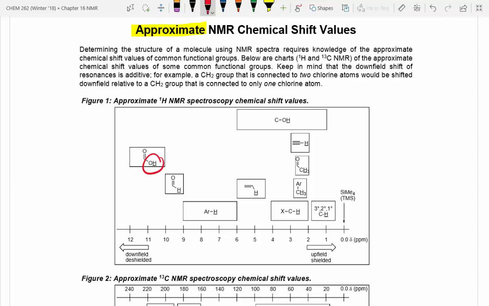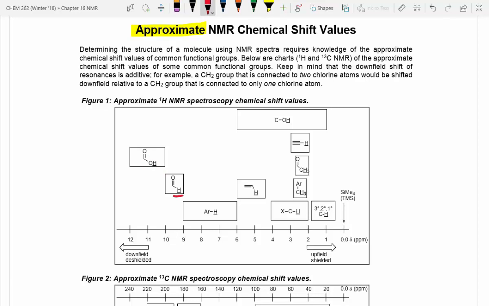The other thing that's kind of cool is it's similar to IR. What happens to those peaks in IR? Are they sharp? No, they broaden out. That also can be observed in NMR. Sometimes that actually becomes a problem where they broaden out so much that you can barely see them. But I won't try to trick you guys. I'll let you guys know if there's a peak that's broadened out so much that it's hard to see.